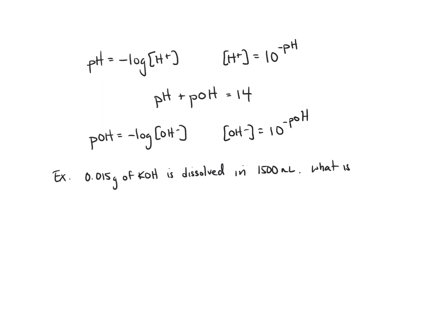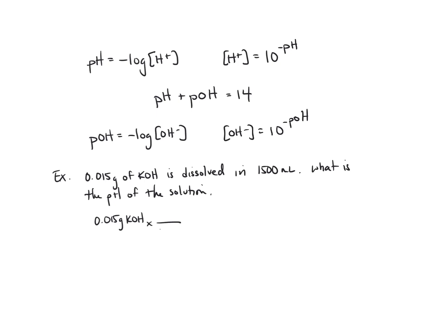What is the pH of the solution? First off, we need to figure out how many moles of KOH we have, because we need to have a concentration. So we first turn that 0.015 grams of KOH into moles.